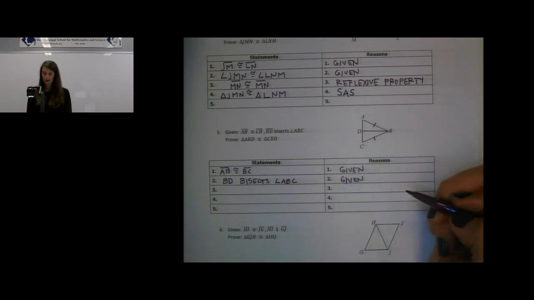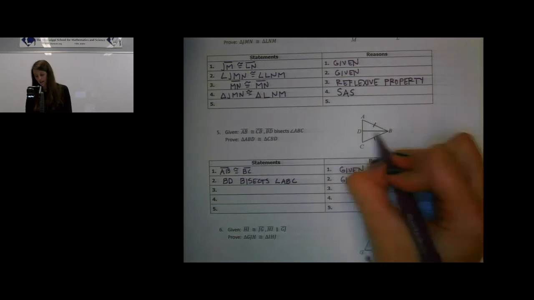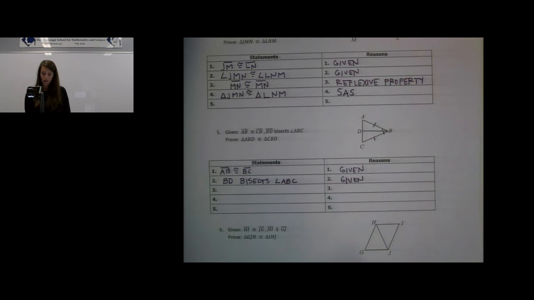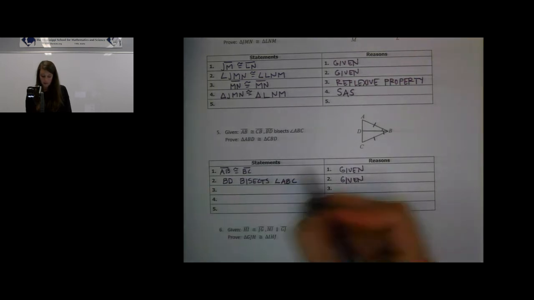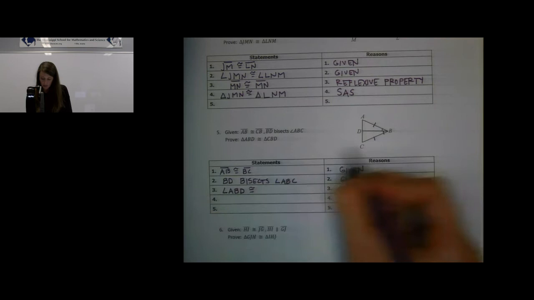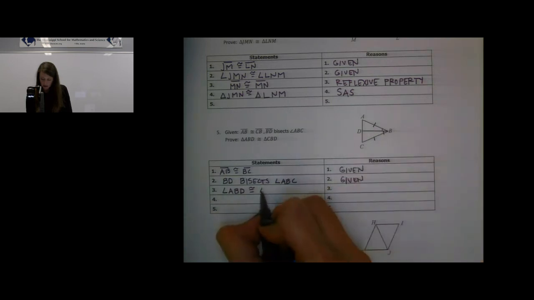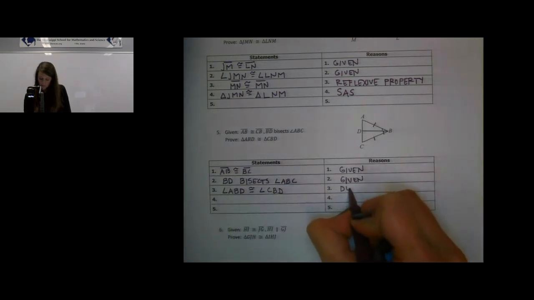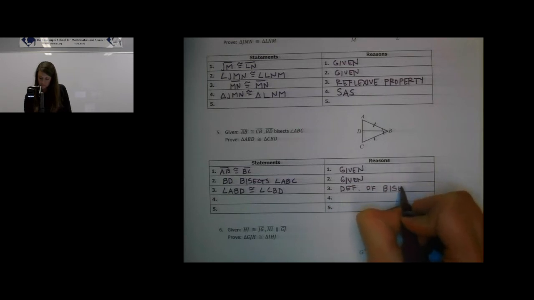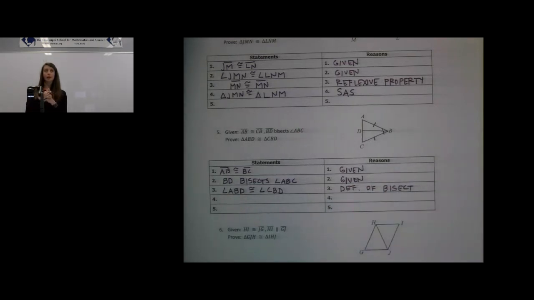If it bisects it, remember it splits it in the middle. So that means that angle ABD is going to be congruent to angle CBD. And that's the definition of a bisect, because a bisector creates those two equal parts, just like the midpoint does.